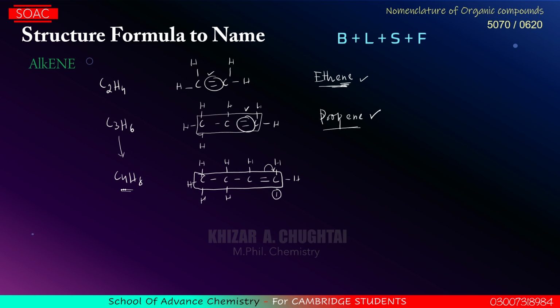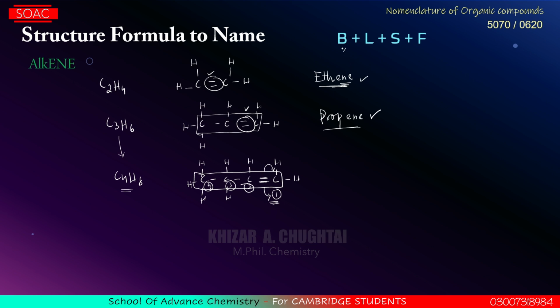If you are having 4 carbon atoms, or 5 carbon atoms, then you will mark numbering in case of alkene. This is carbon number 1 because it is closer to the carbon-carbon double bond. This is carbon number 2, this is carbon number 3, this is carbon number 4. So the position of the double bond is between 1 and 2. And again, you will prefer the smallest number. Its position will be reported as 1.